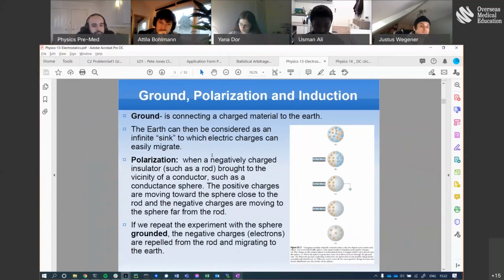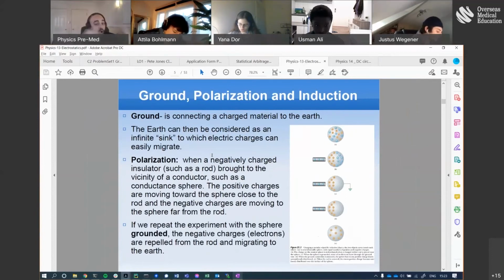Now, polarization is basically having some charges on one end and the opposite charges on the other. A material that's polarized is a material where the charges are not evenly dispersed everywhere to make it neutral.